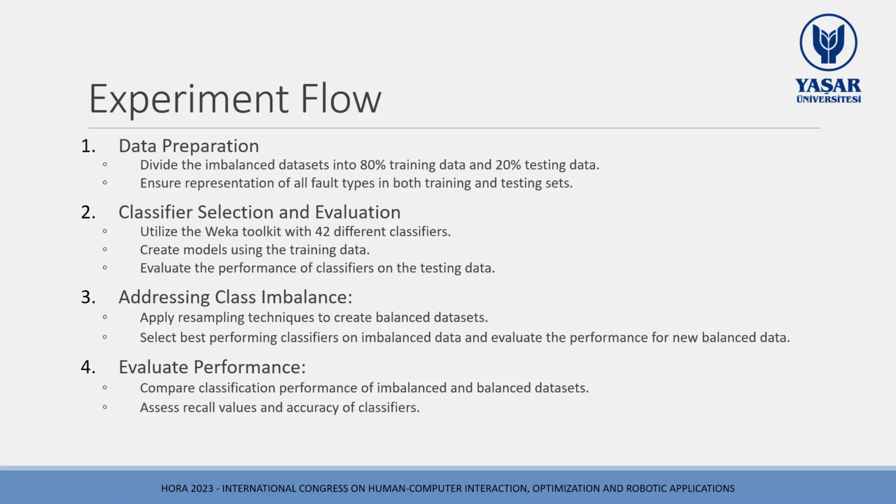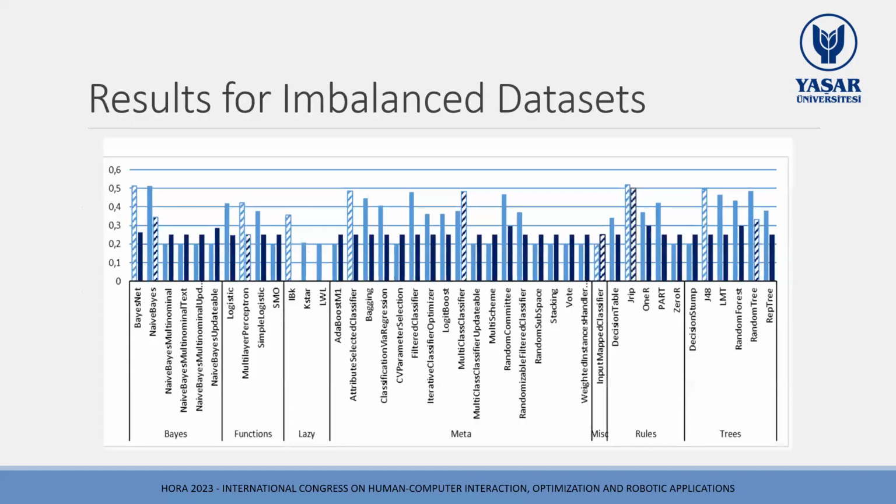If we now move to the slide, we can see the results of our experiments with imbalanced data. This figure provides a visual representation of the classification performance that we achieved by applying Weka classifiers on both the synthetic and real-world datasets.